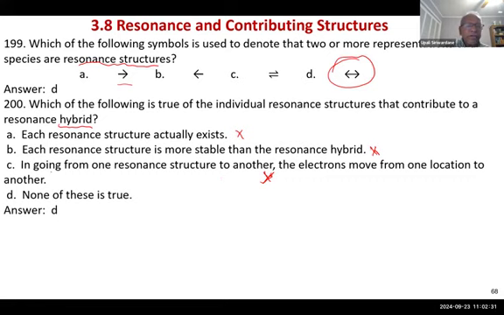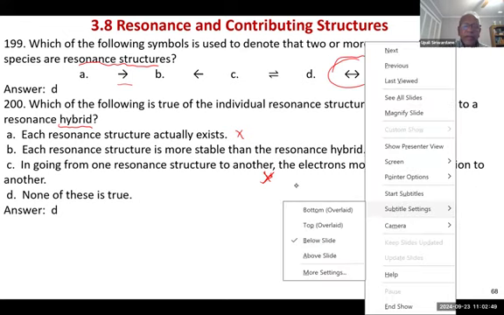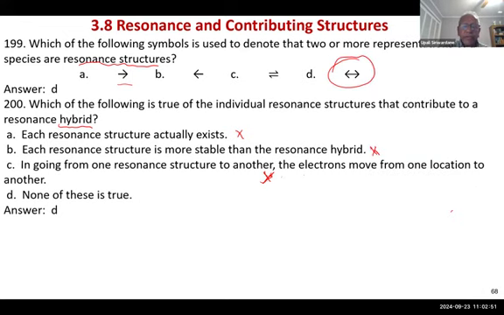In going from one resonance structure to another, the electron moves from one location to another. That's kind of true. I will look into this and talk about next time whether it is the correct answer.